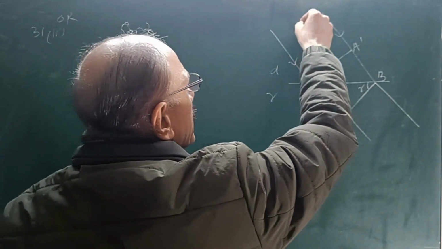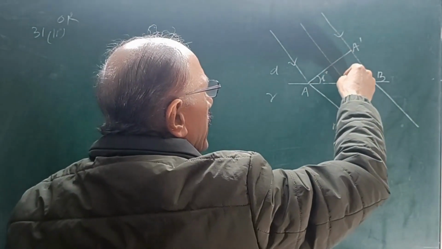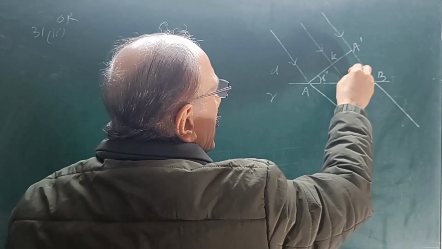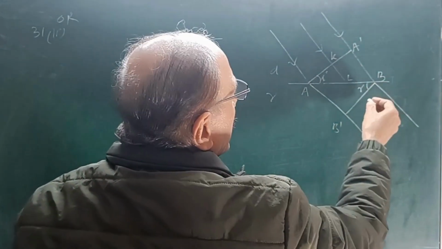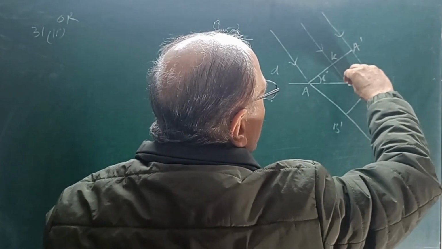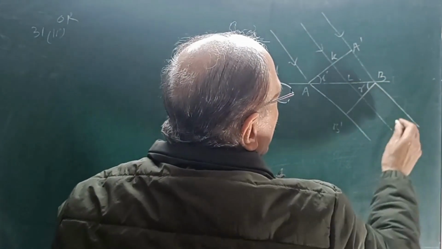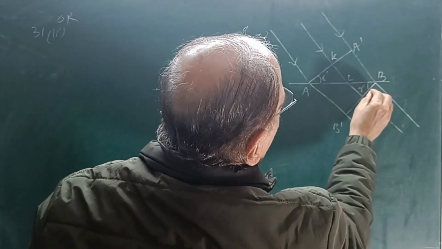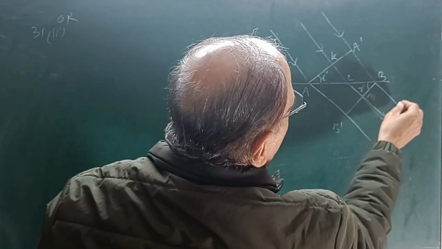So if we consider a ray from K, L, then it will move parallel to these to M.